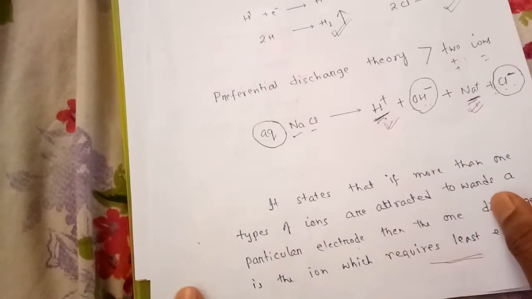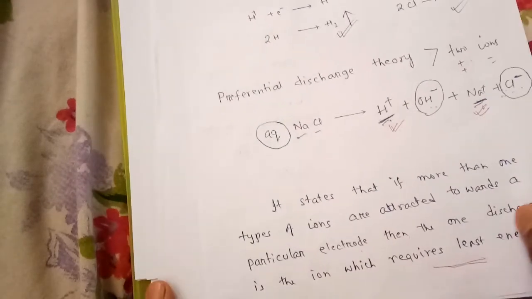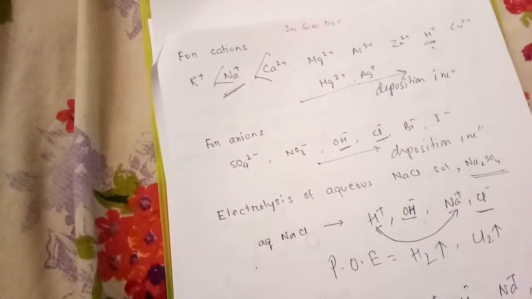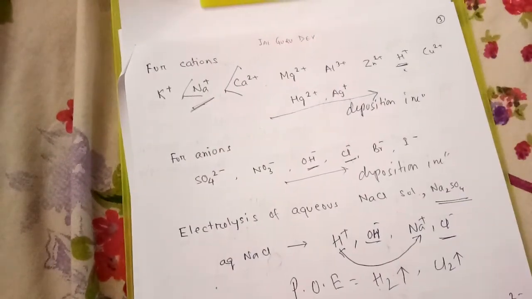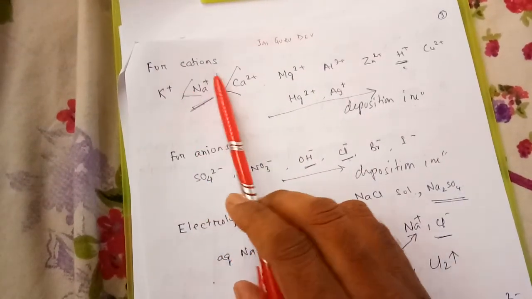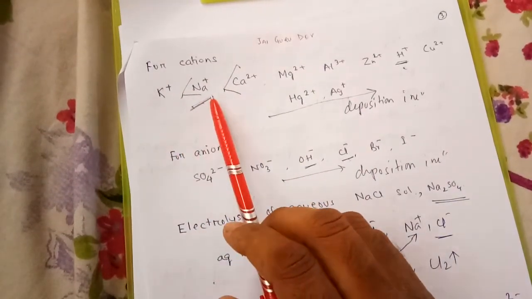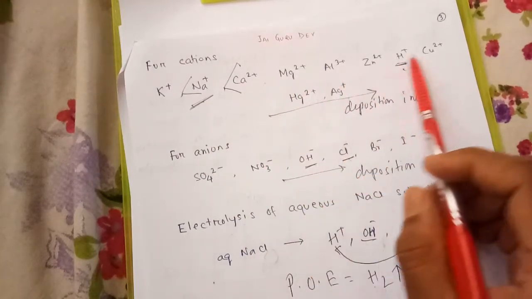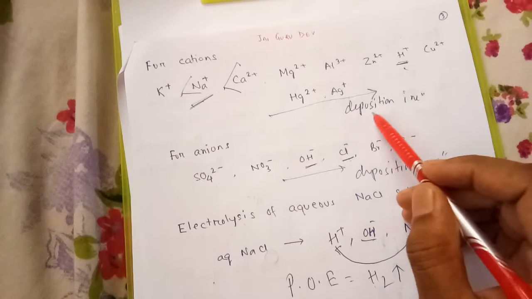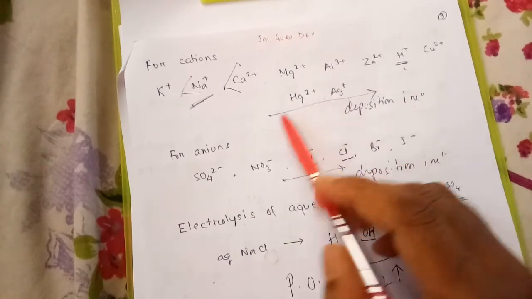Now we are showing you the series for cations. For example, K positive, Na positive, Ca dipositive, these are the series of cations. Deposition increases from left to right.